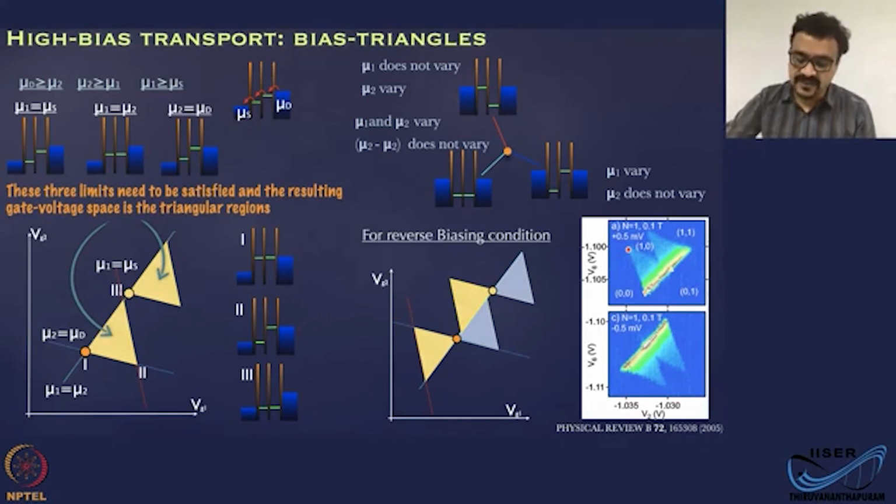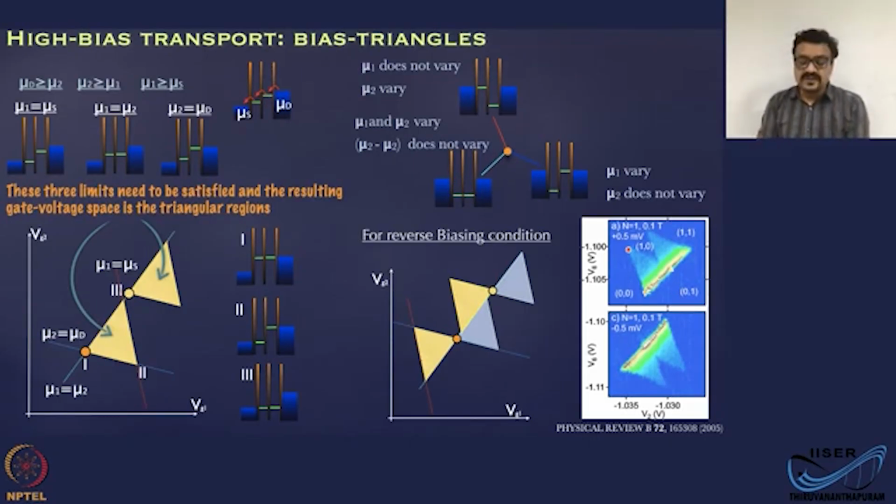For example, if you move along this direction, this arm of the hexagon, that means you are varying only the dot 2 energy level, whereas dot 1 is in resonance with the source. Similarly, if you are moving along this slope, the blue line here, that means dot 2 is in resonance with the drain and you are varying only the source level. But if you are moving along this teal, light blue line, then these two levels are in resonance. They always move together.